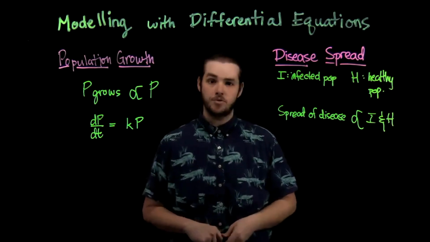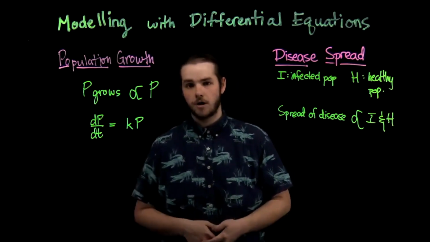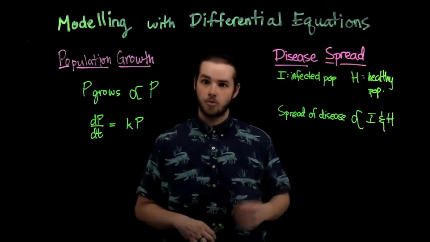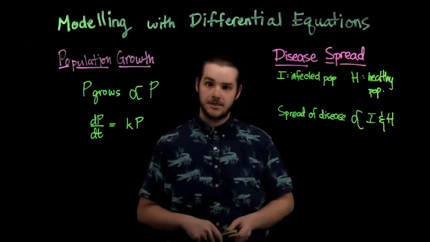Additionally, the more healthy people there are, the more hosts there are for the disease to spread to. So the more healthy people and the more infected people, the faster the disease spreads.